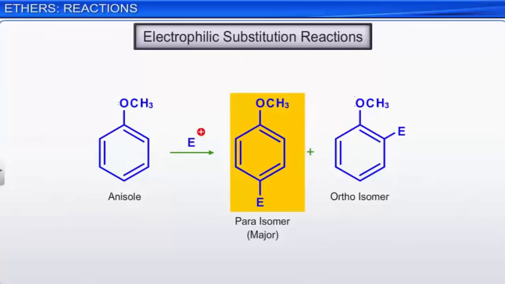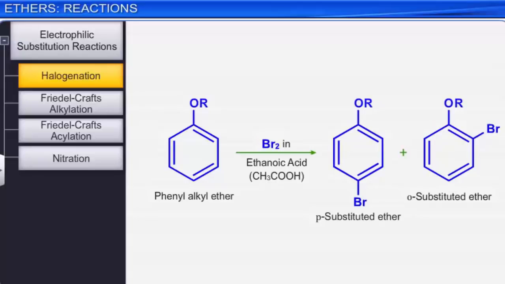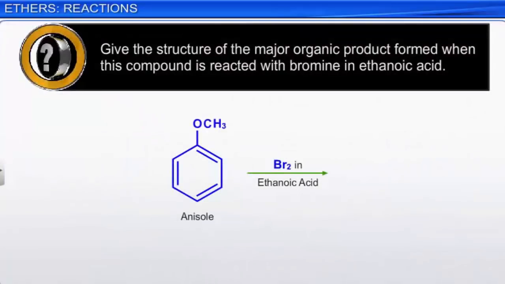The halogenation of phenyl alkyl ethers occurs at the para position by using bromine in ethanoic acid. No Lewis acid catalyst is required because of the presence of the ring-activating alkoxy group. Give the structure of the major organic product formed when this compound is reacted with bromine in ethanoic acid.